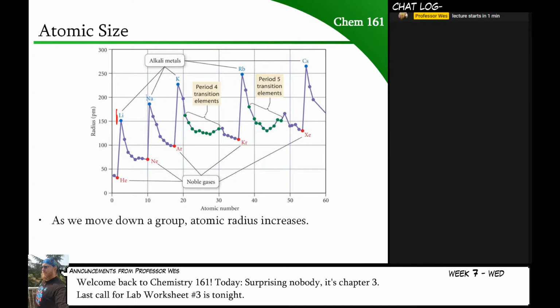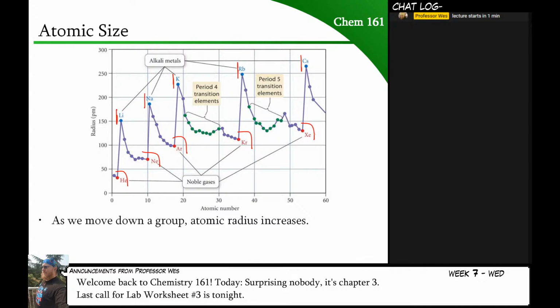Before you transition to a new period, the atom is at its minimum size. Sorry, I'm trying to draw here and also explain. You can see that the noble gases here are at the very end of their row, and they are the smallest thing in a while.